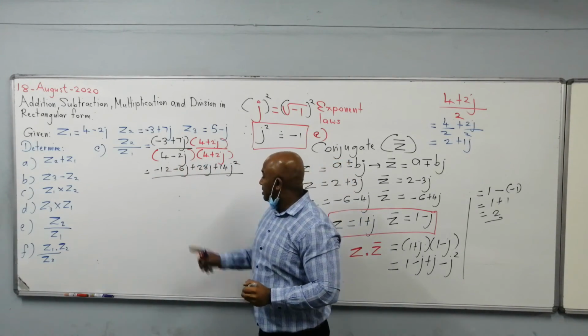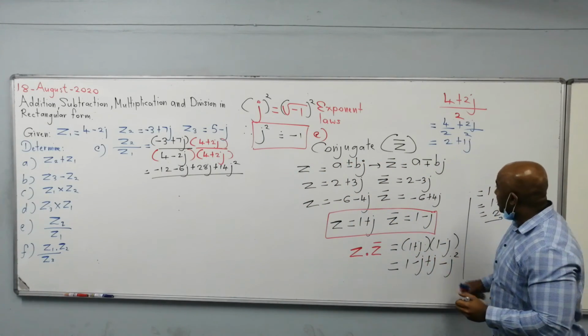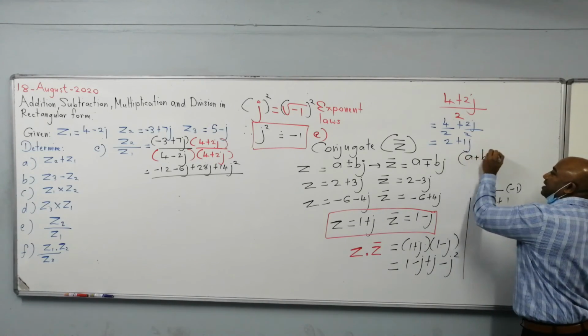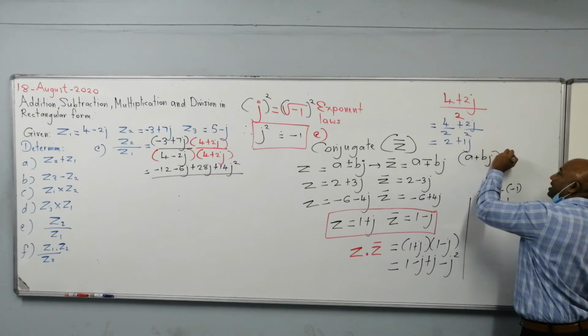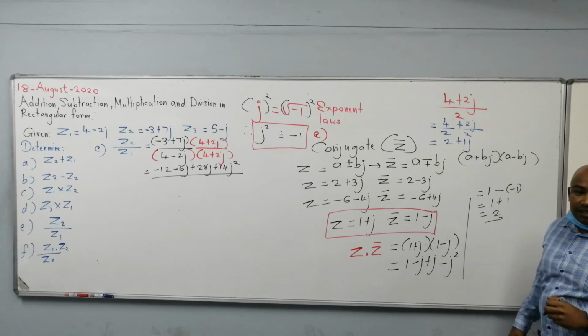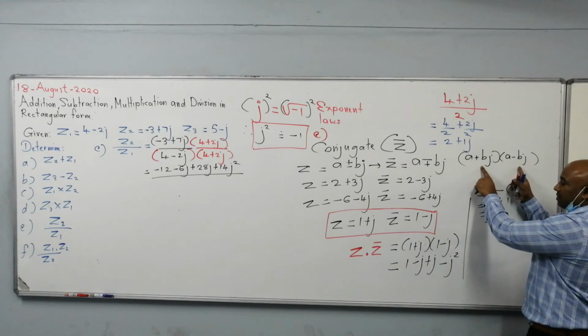Now notice, when you multiply a complex number by its conjugate, basically a plus bj is being multiplied by a minus bj, which is the difference of two squares.